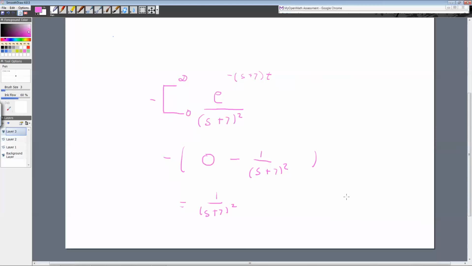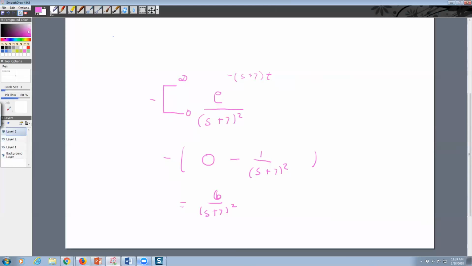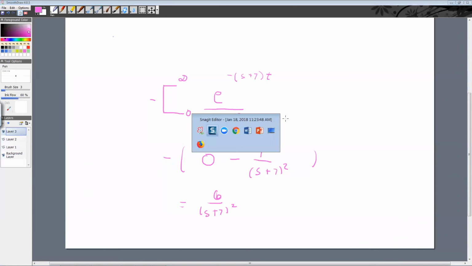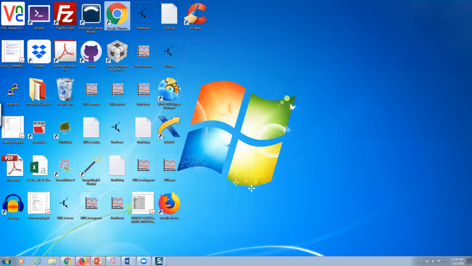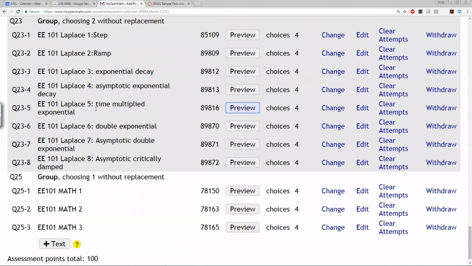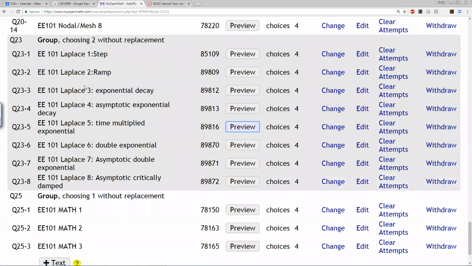Oh, okay, there was a 6 in there all along, which I had forgotten about. So to me, that's one of the hardest ones because you really have to remember integration by parts. And that's part of what the 101 is about, making you go back and review things so that when we use them in 110, we're not having to struggle to remember things.